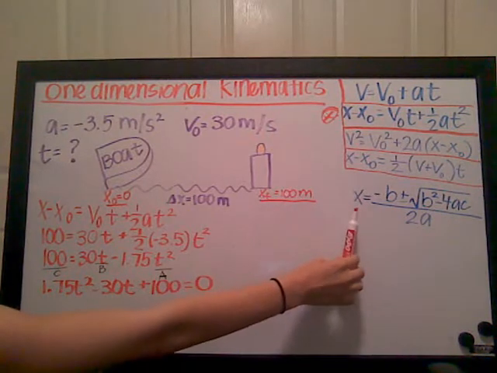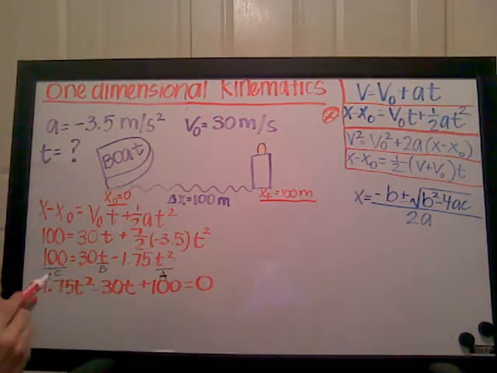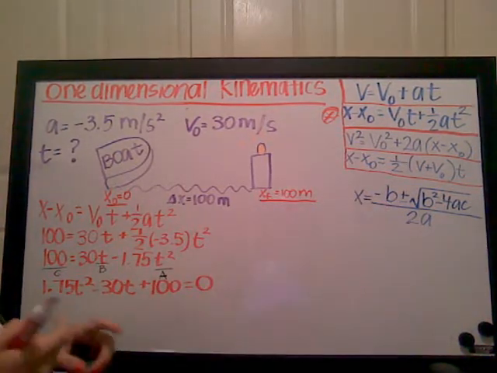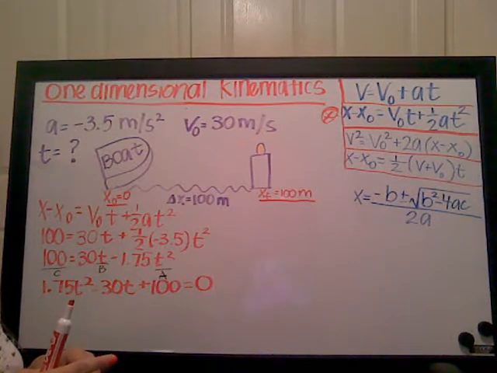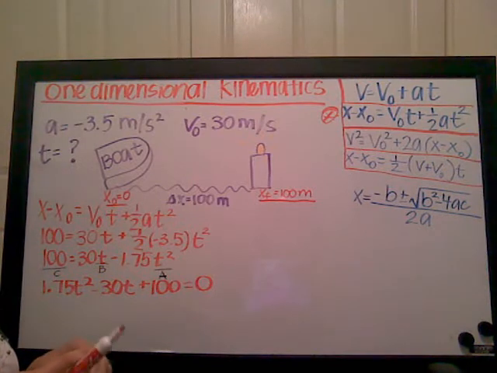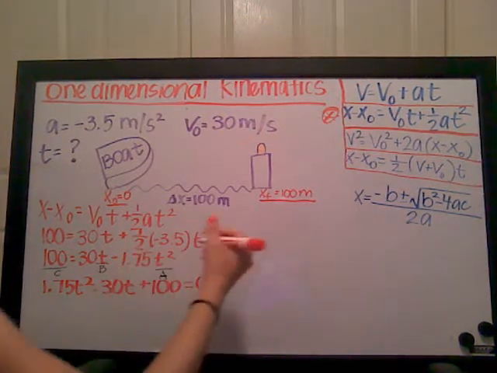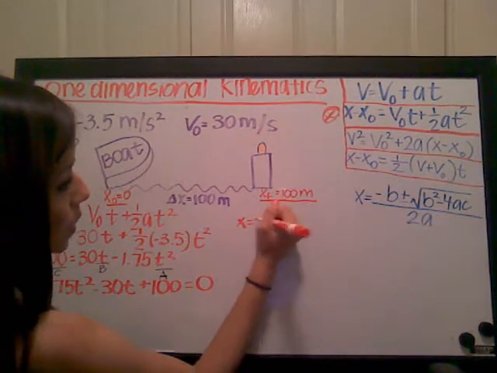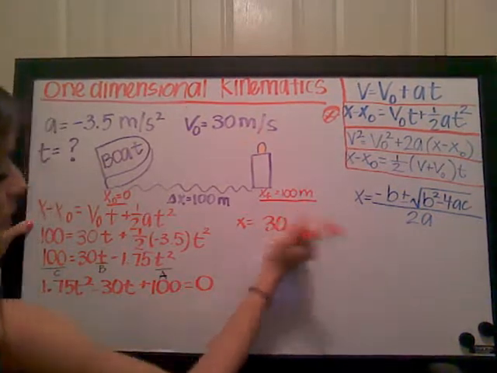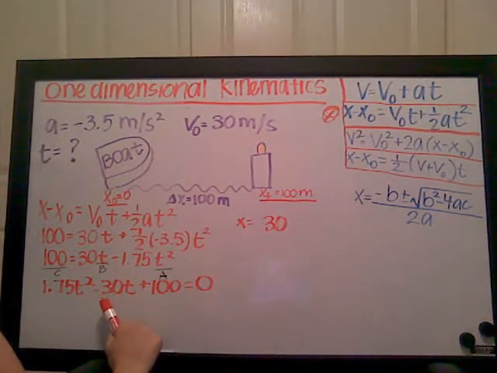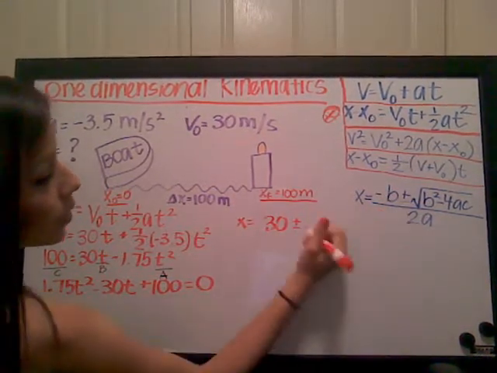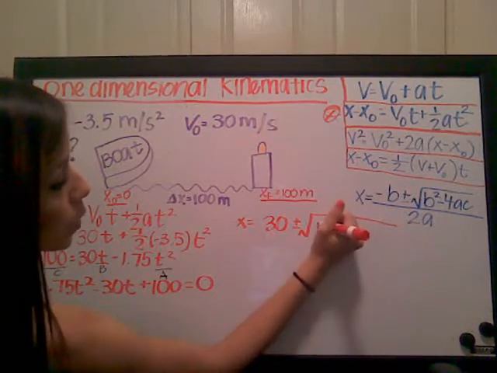So I'm going to use this formula right here, just plug in my values, so again my a, b, and c, into this equation. Now you're going to be getting two different numbers when you plug that in. You're going to take the smaller number that you get to be your correct answer. So, when I plug that in, my x is going to be my negative b value, which is just going to be 30, because negative 30 is positive 30, plus or minus, again, I'm just following this formula, the square root of b squared.